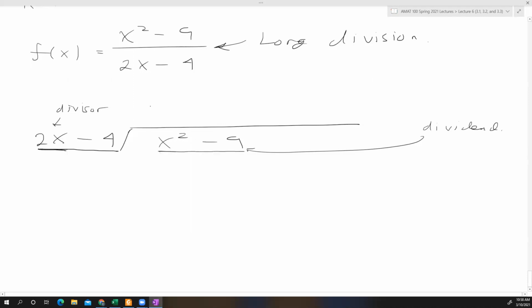Well, that's pretty clear. If you multiply by 1/2 x, then you'll get x squared, which is the leading term of the dividend.